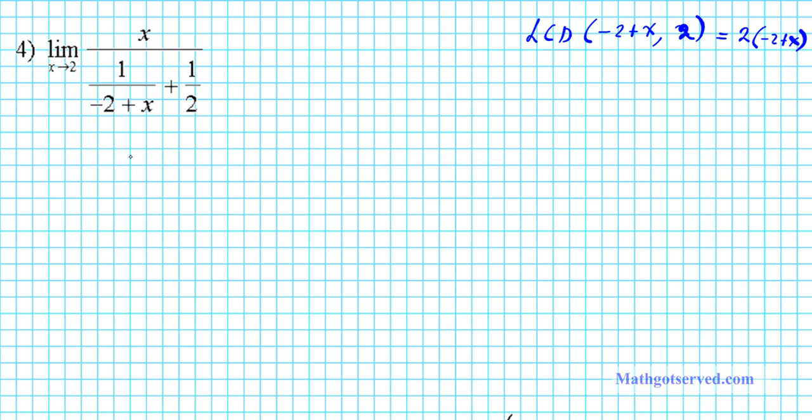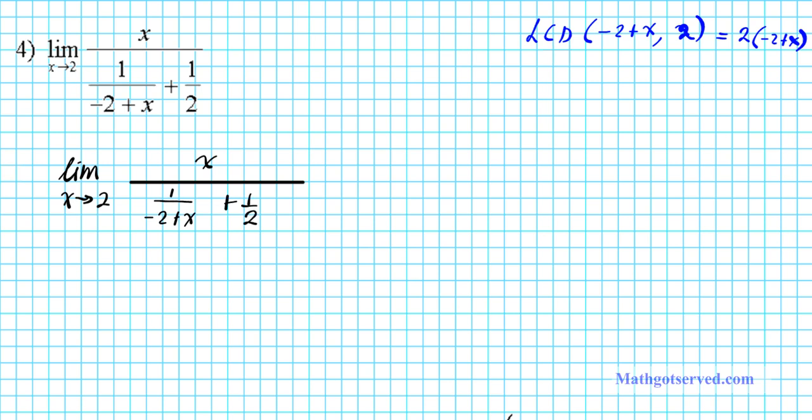I'm going to multiply every single term by that LCD so I can get rid of the denominator in the denominator. So we have the limit as x approaches 2 of x divided by 1 over negative 2 plus x plus 1 over 2.